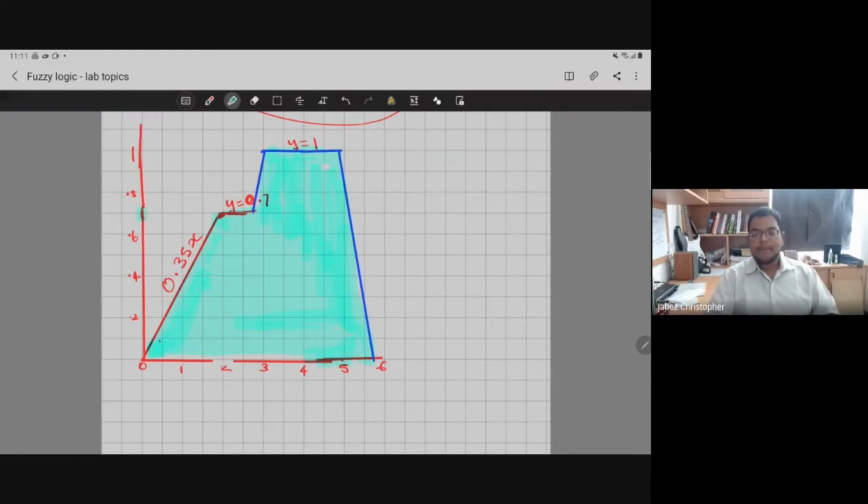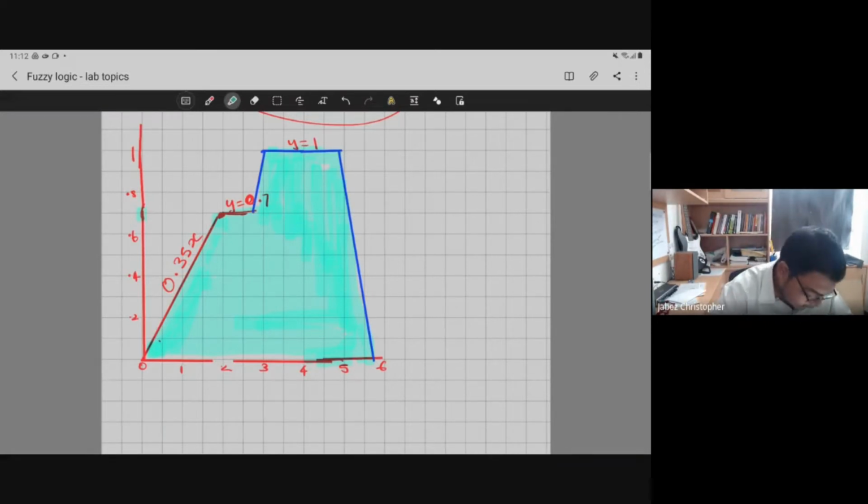Right? So you know now how I got the shape. There are two different implication functions. The aggregation of those two implication functions gives me the aggregated shape, for which I'm going to do different defuzzification methods. Okay.